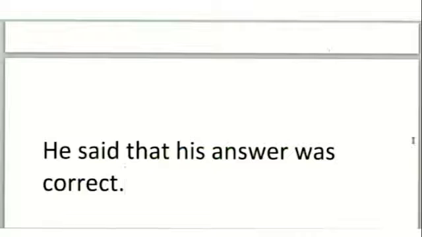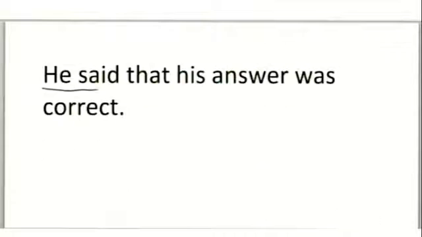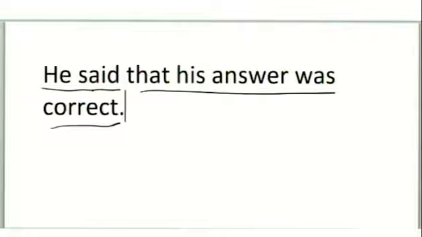We have another clause or another sentence here. He said that his answer was correct. He said something, and what is that something? That his answer was correct. Remember, you only need a subject and a verb to form a sentence. So, our main clause is he said.